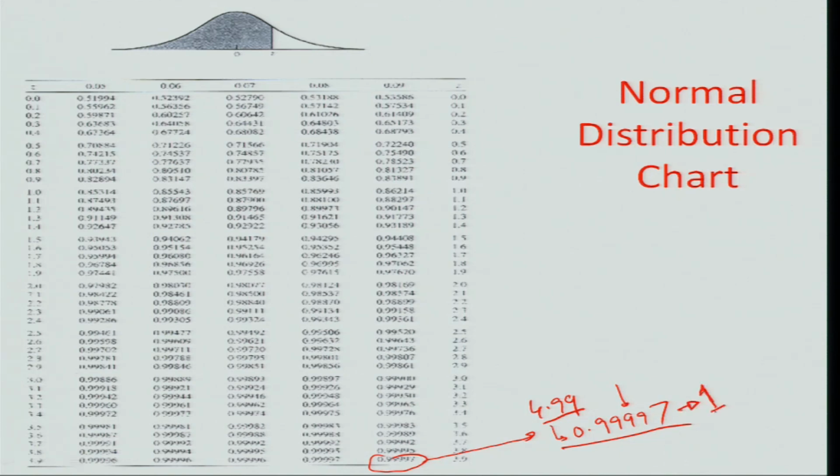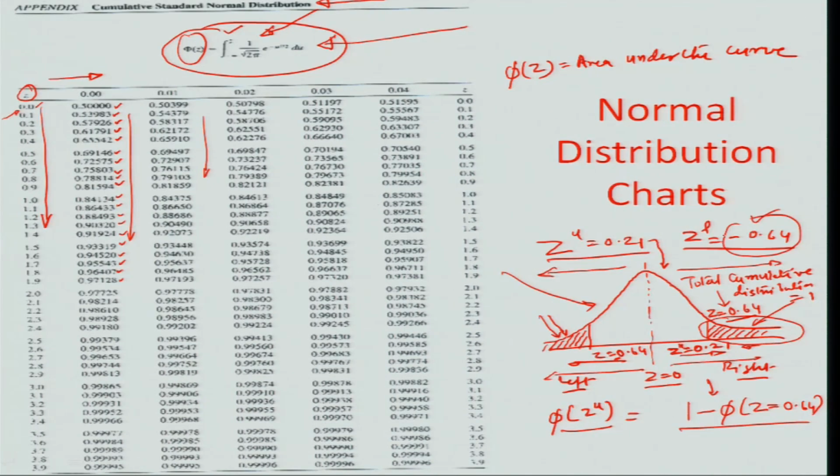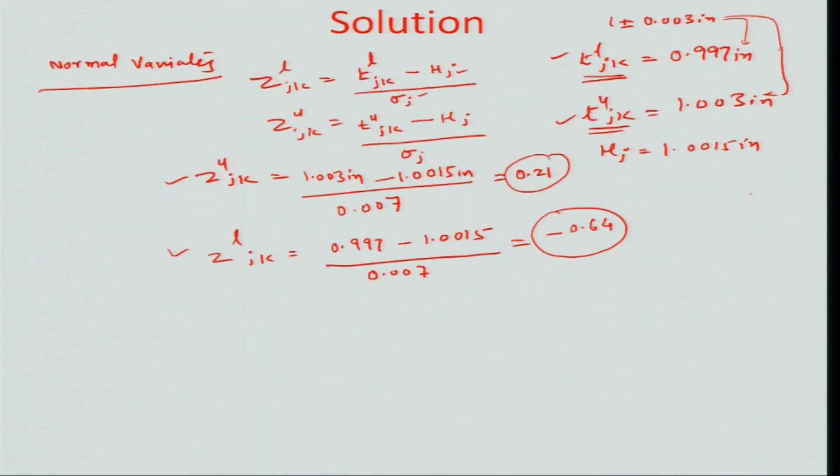Beyond that, the normal curve has almost achieved the full area. So we are now quite comfortably placed in terms of the area under the curve corresponding to the upper tolerance variate and the lower tolerance variate. Let us now go back to our problem and try to provide a solution.